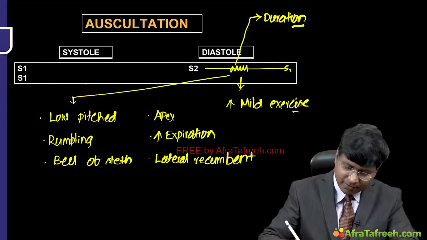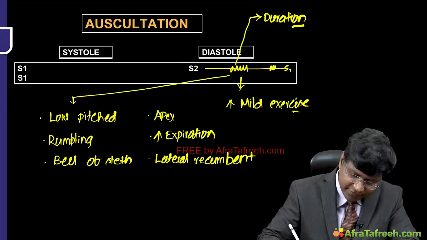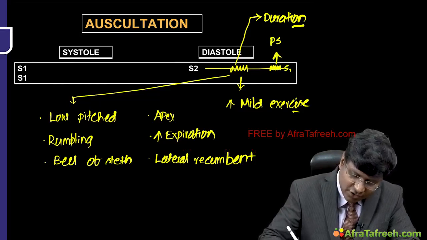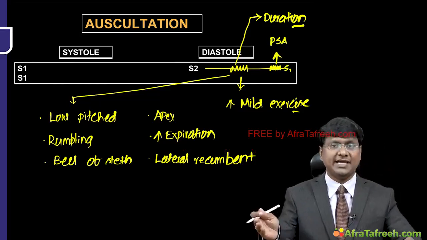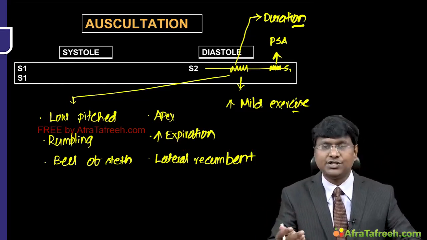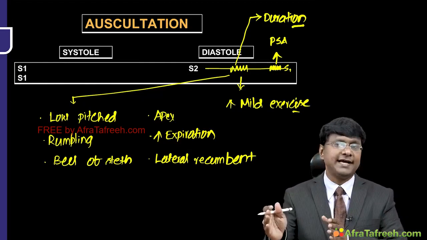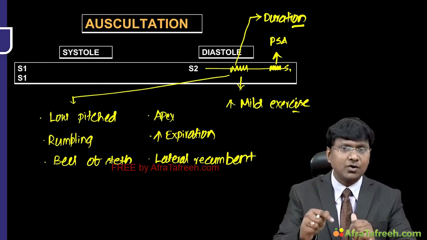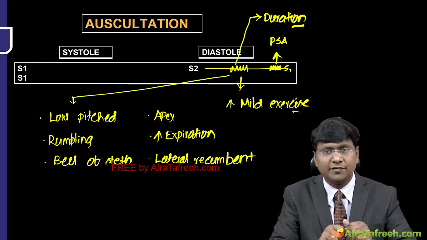Okay. Then followed by that, in the later part of the diastole, you have what is called pre-systolic accentuation, PSA. Now, why is there pre-systolic accentuation? In the later part of the diastole, the event that happens is the atrial contraction, and that will contribute to the second rapid filling of the ventricle.